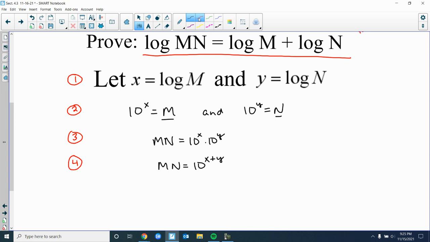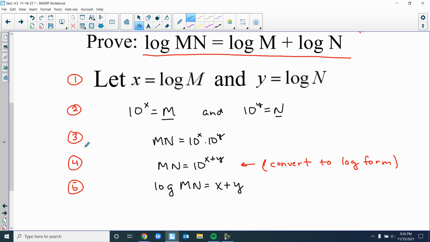Now the next step here, what you want to do is convert this statement right there to log form. So if I convert that to log form, it'll be the log base 10, which I don't write, of mn equals x plus y.